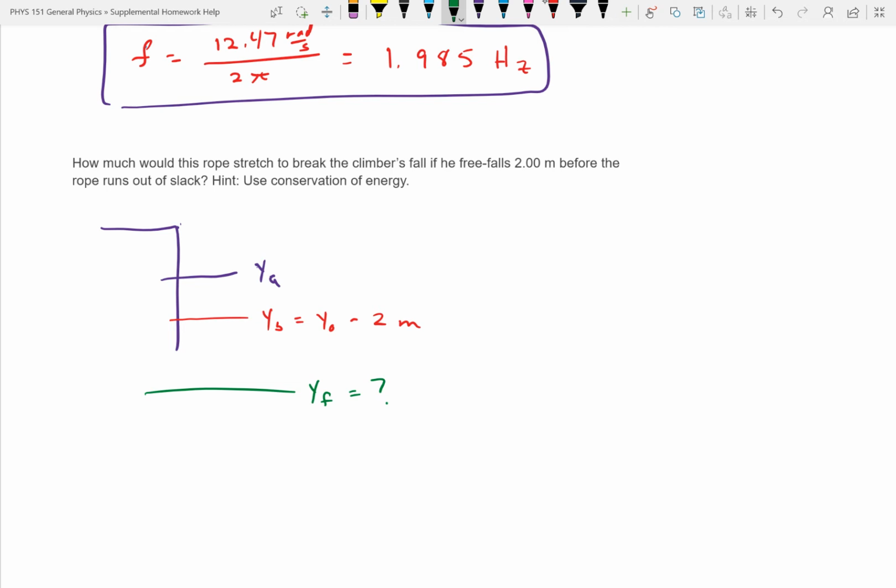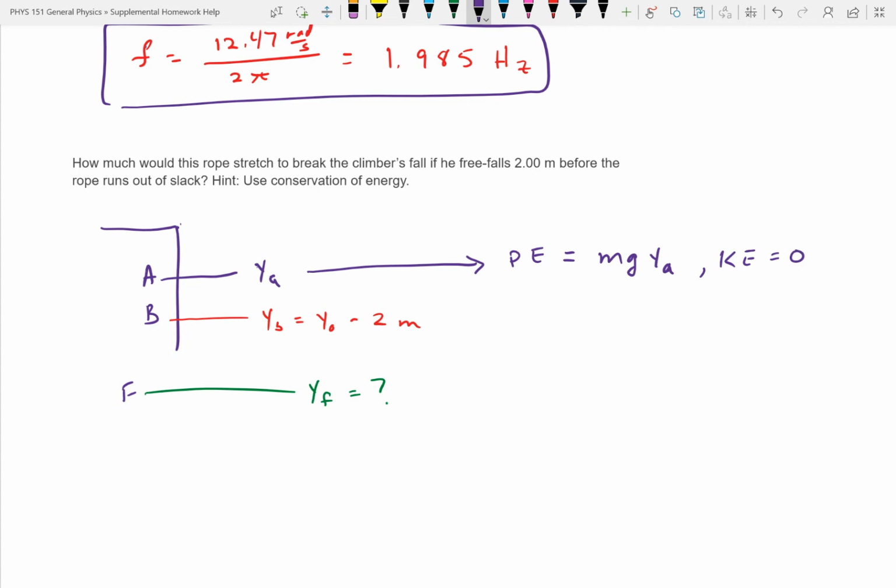So let's just start right here at the top. What kind of energy does he have right here, at A? Okay, he's going to have his maximum potential energy, equal to mg YA. And his kinetic energy is just 0.